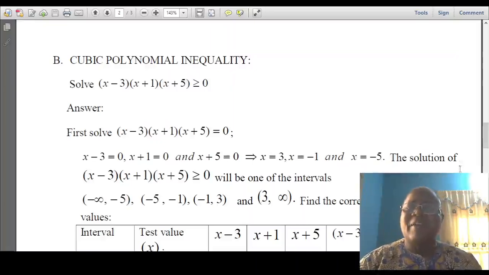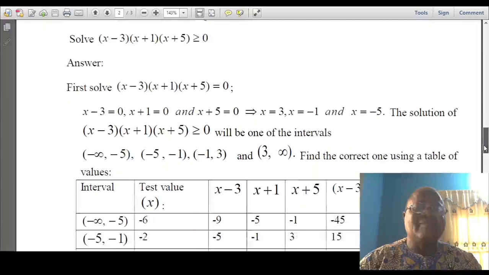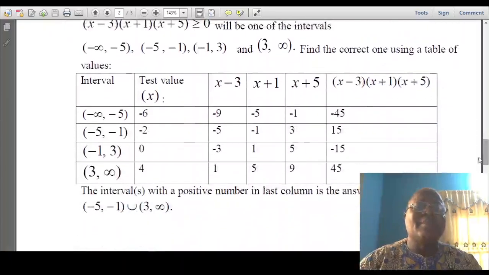So find the correct region that describes that inequality by creating a table in this form, just as we did before. Look at your intervals. These are the test values. These are the values for each of those factors of that expression. Then if you multiply the 3 of them, you have this.